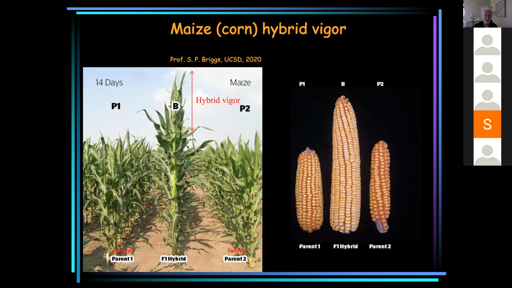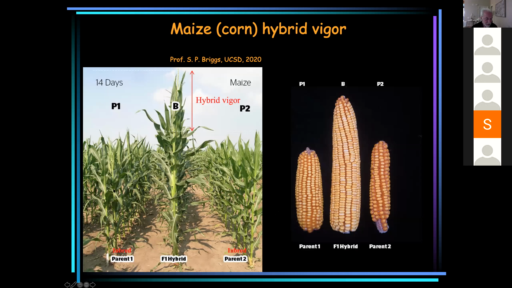Now, here's an example of a major commercial success as a result of hybrid vigor in corn, maize. Essentially, all the corn that we or animals eat is hybrid. So here you see it illustrated.